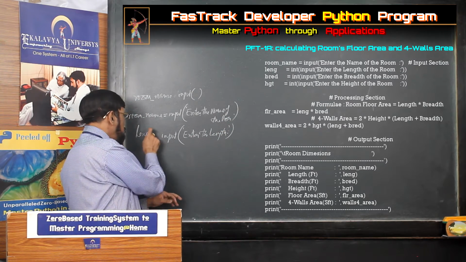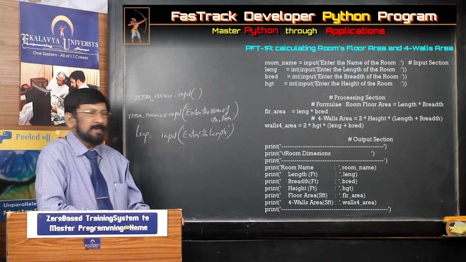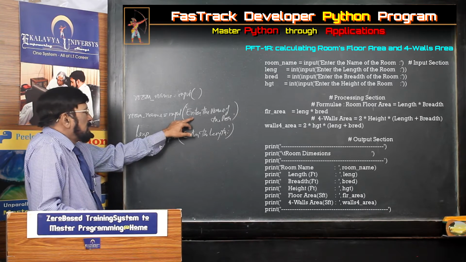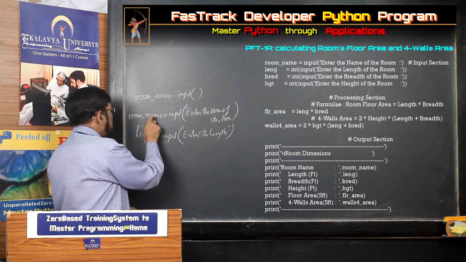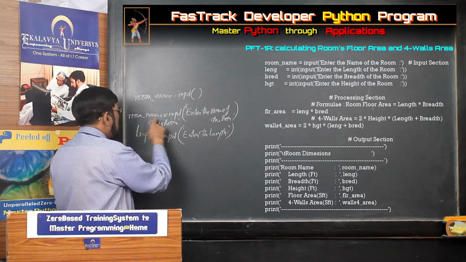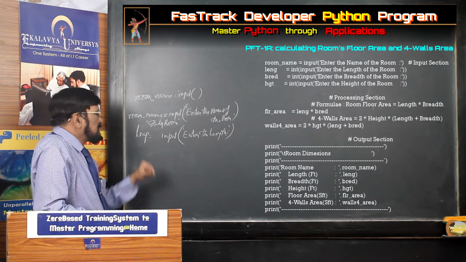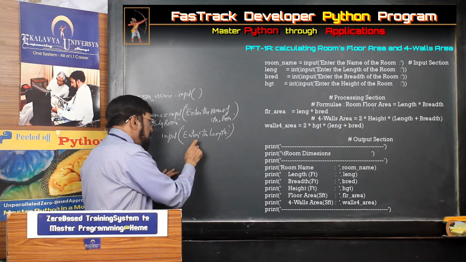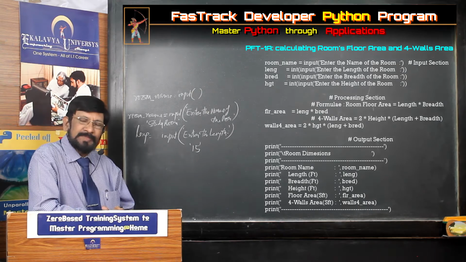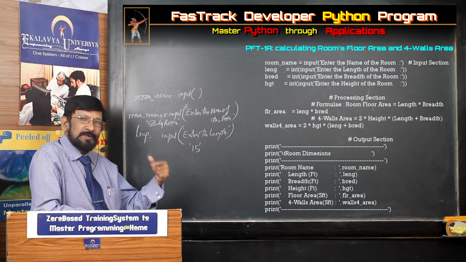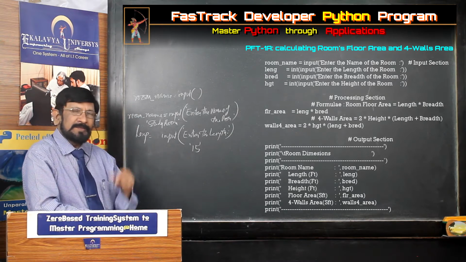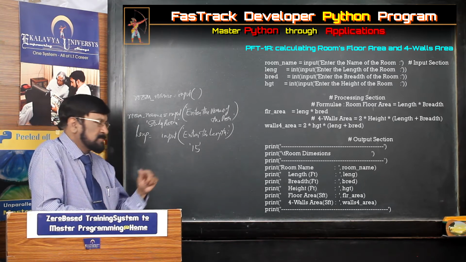Here, one issue we have to discuss. Actually, this input function has a limitation. What is the limitation? In this case, it reads study room as one string. Suppose you entered 15. 15 also it takes as a string only. I have already given one example in the concept.